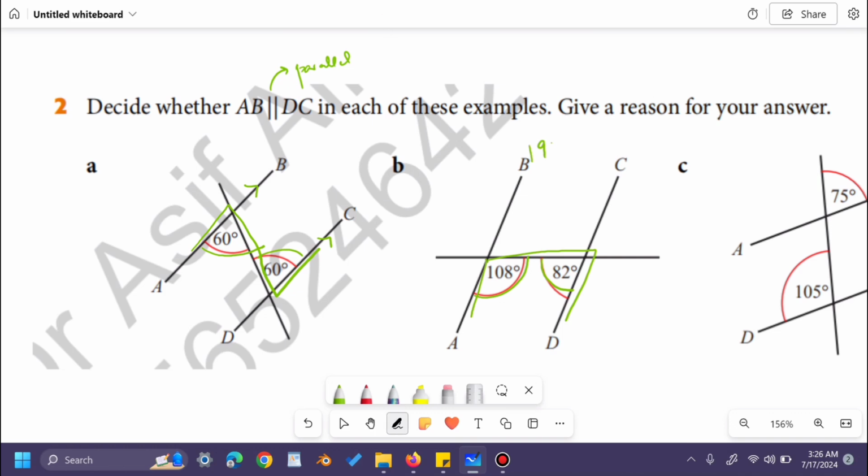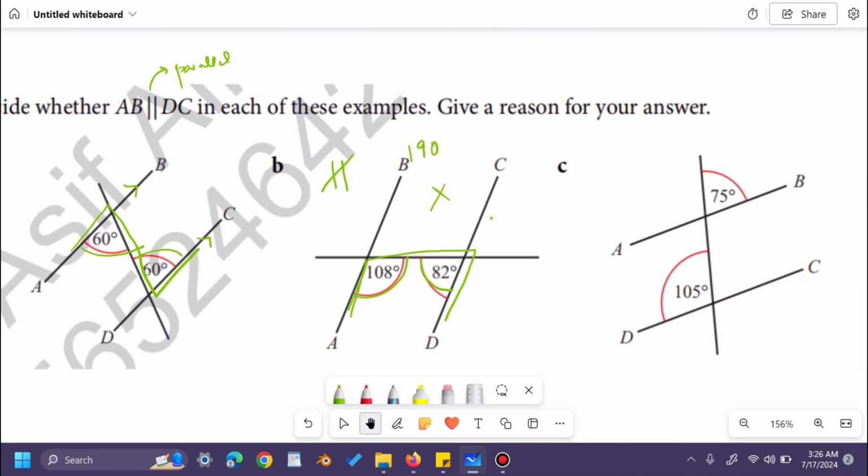So 190 degrees is incorrect, in fact, because it should be 180 degrees, as the sum of co-interior angles should be supplementary. That is why this is not parallel. A better way to show that these are not parallel is to make this parallel sign and then cross it with one line. So this indicates it's not parallel.